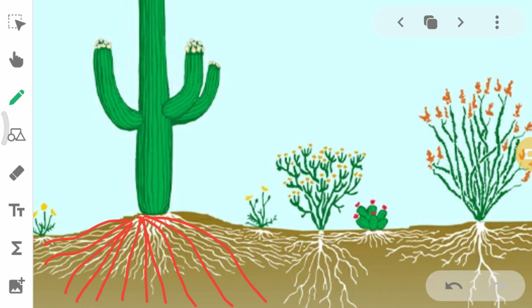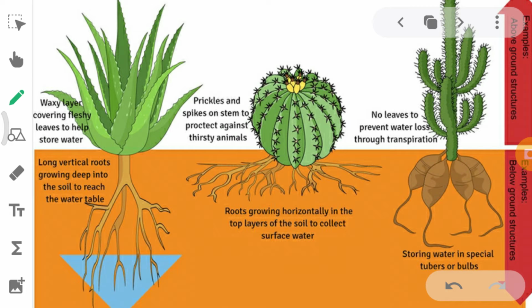So in order to reach that water, these roots grow very long. And also in some plants, you can see that the roots grow horizontally in this way. As you can see here, the roots have grown in a horizontal way.